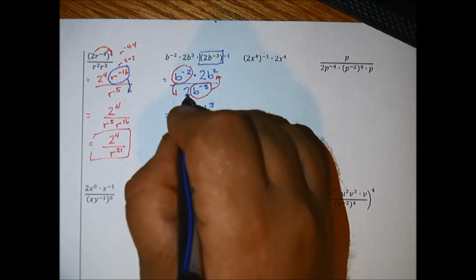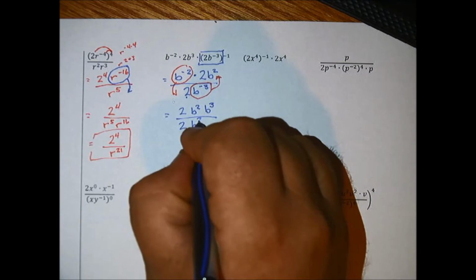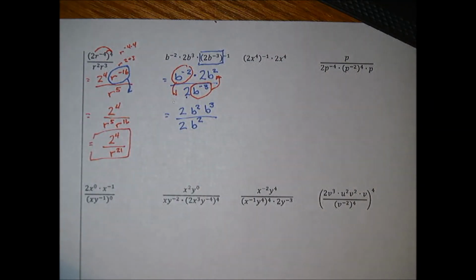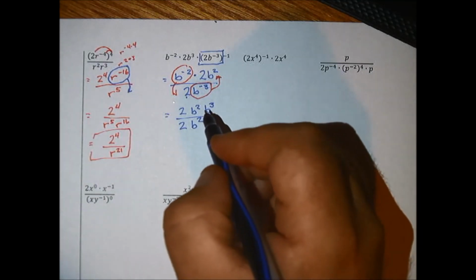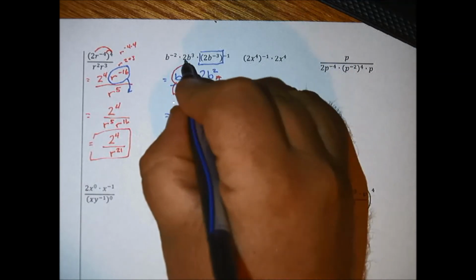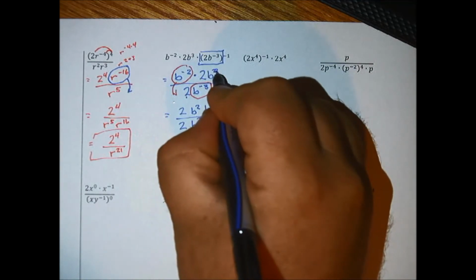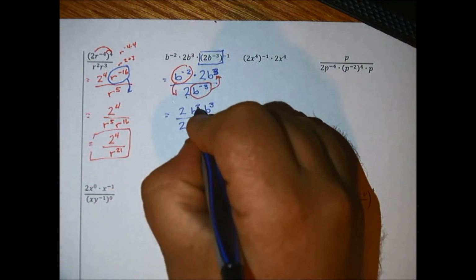On the bottom I'll have the 2 and then that b squared turns into a positive exponent. Now we can look at what we have and cancel out what we don't need. Oh sorry, that's a b cubed right there, because that's coming from right there.